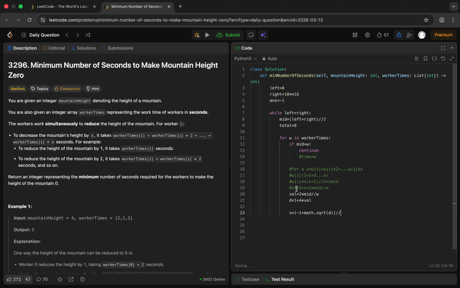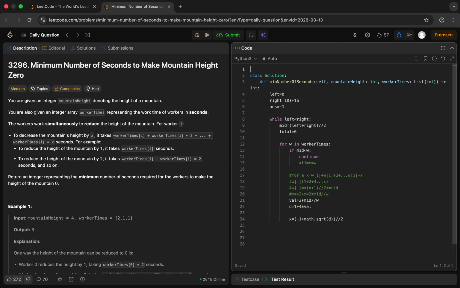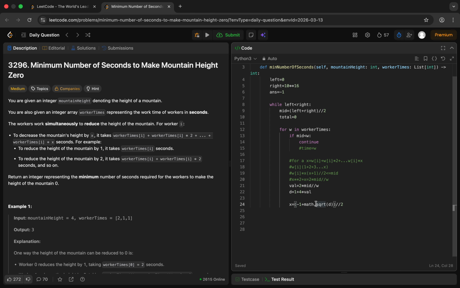A here is 1, so simply divide by 2. We use the math module, so just import math. It's better if you use isqrt to get only the integers.